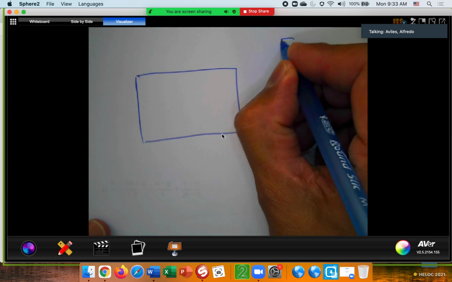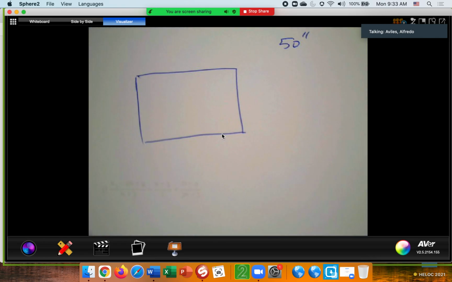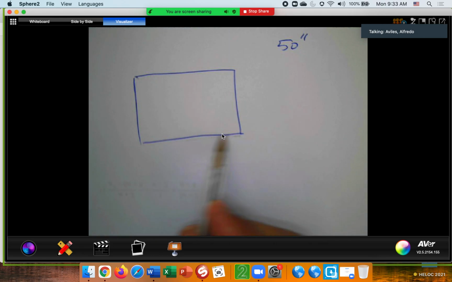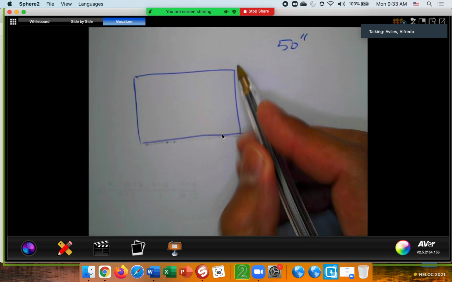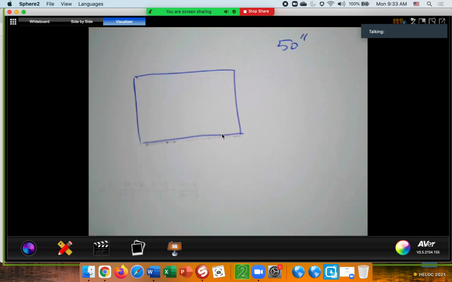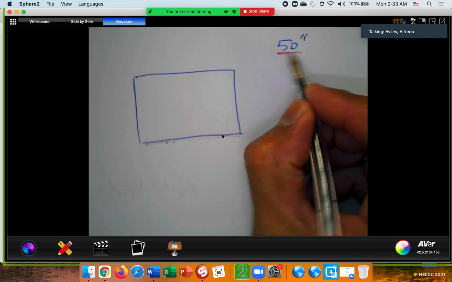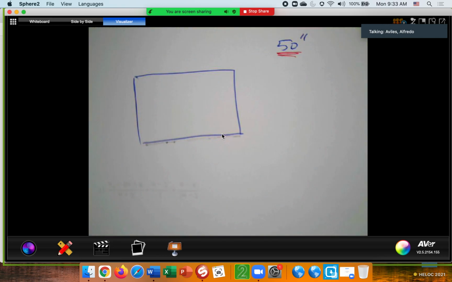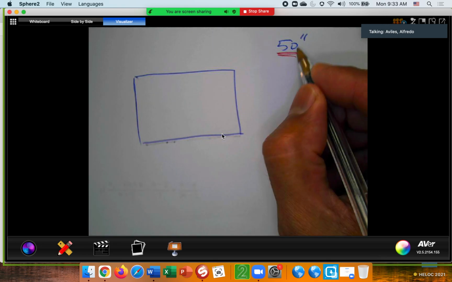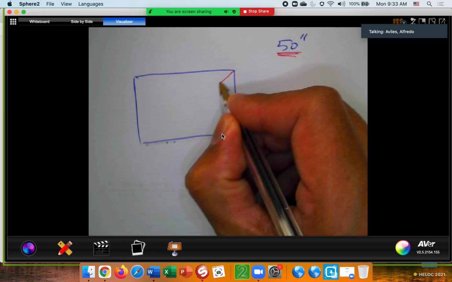So if you have a 50-inch TV, I mean, now they make 85-inch, that's crazy. But anyways, if you have a 50-inch TV, which one's 50? The length or the width? Well, the answer is neither. When you hear I have a 50-inch TV, or an 80-inch TV screen, that dimension is actually the diagonal.